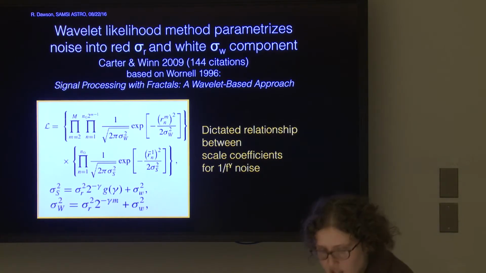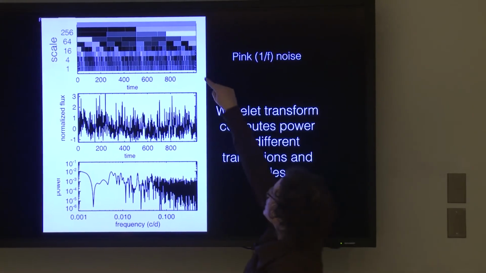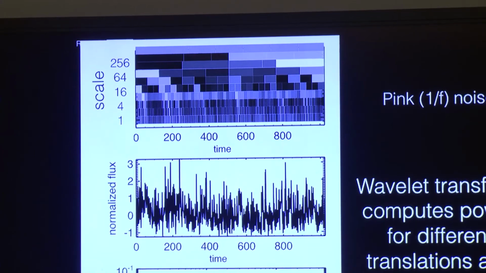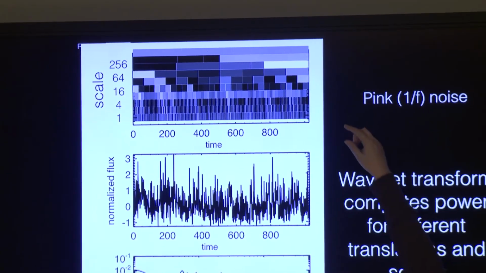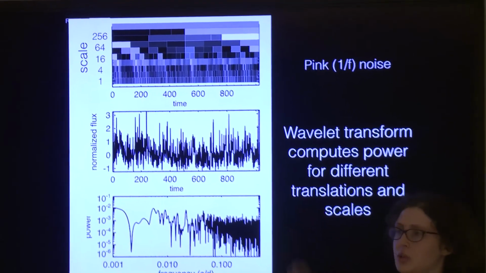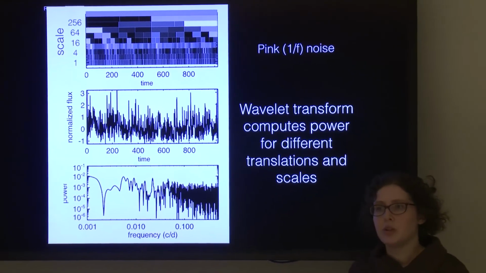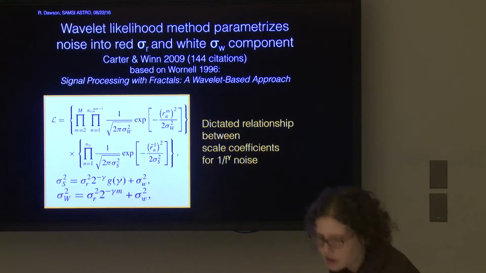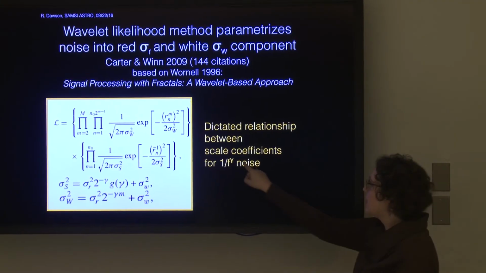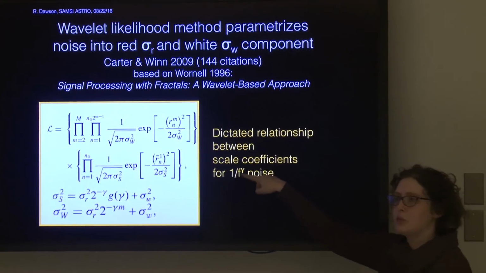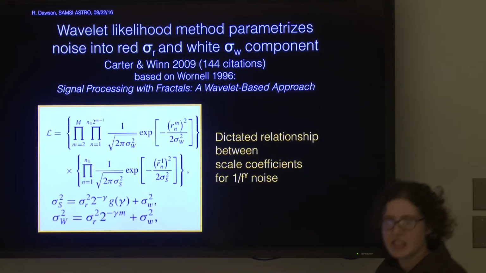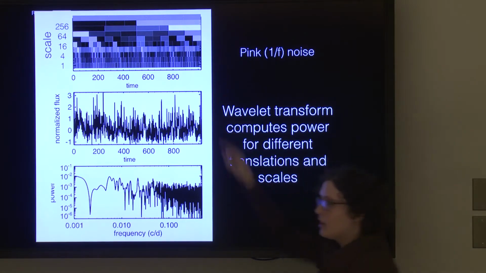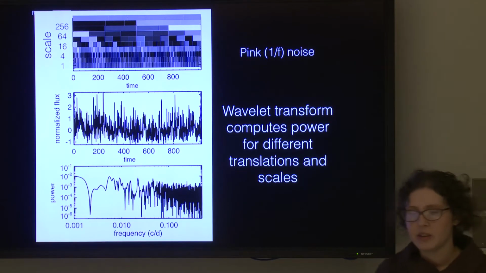So basically what this is trying to do is to say, what should the noise be on all these different scales? And what you could do is have a different noise parameter for each scale. So you'd have 8 or however many scales there are. But in order to reduce the number of parameters, we often assume that the relationship is 1 over f to the gamma, and then that dictates how much power there is on all these different scales, except for a normalization.